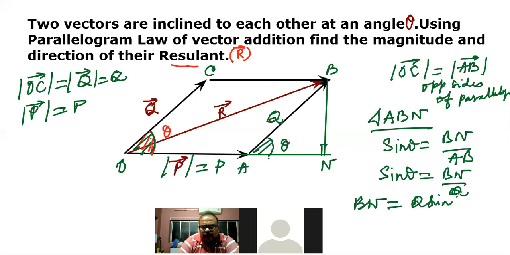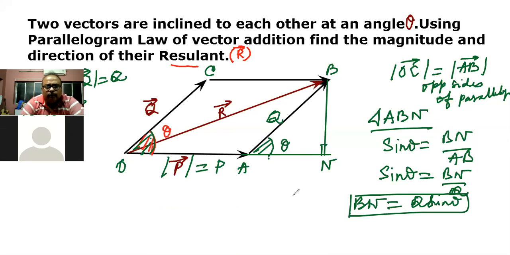Am I clear to all of you? So BN is equal to Q sin theta, right? This is a very important thing. So your BN is Q sin theta.